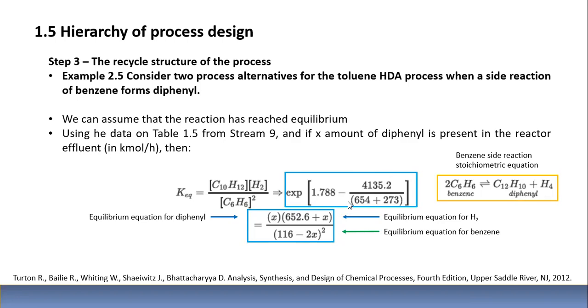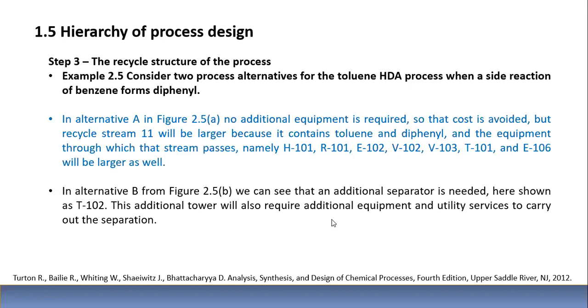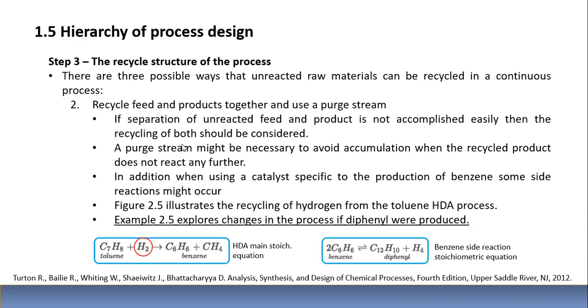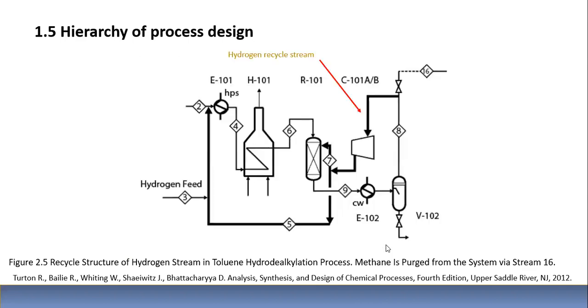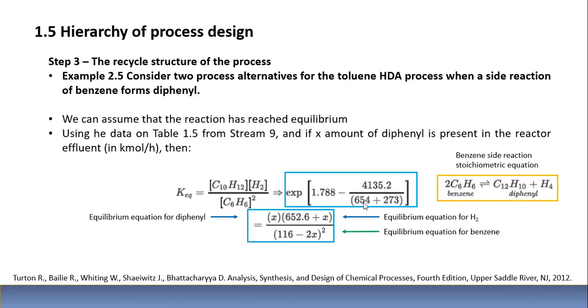The temperature at which this occurs, I don't know if it is mentioned, but it's 654, I think. You see here, 654 degrees Celsius, plus 273, in order to convert to kelvins.